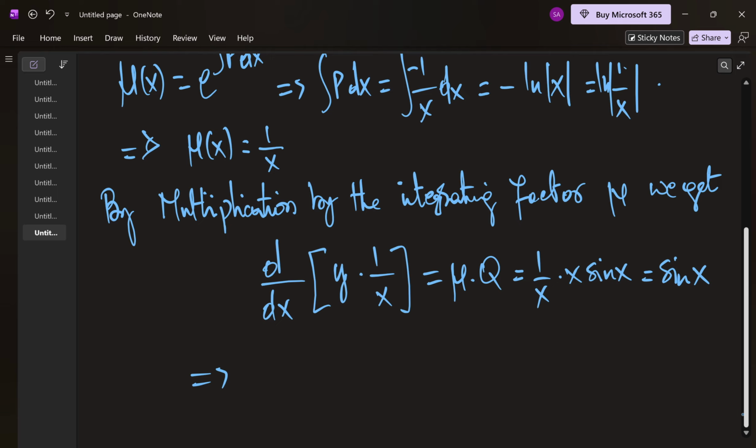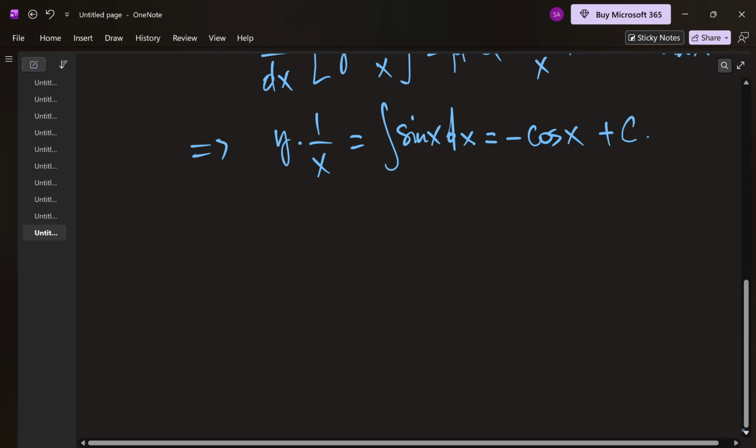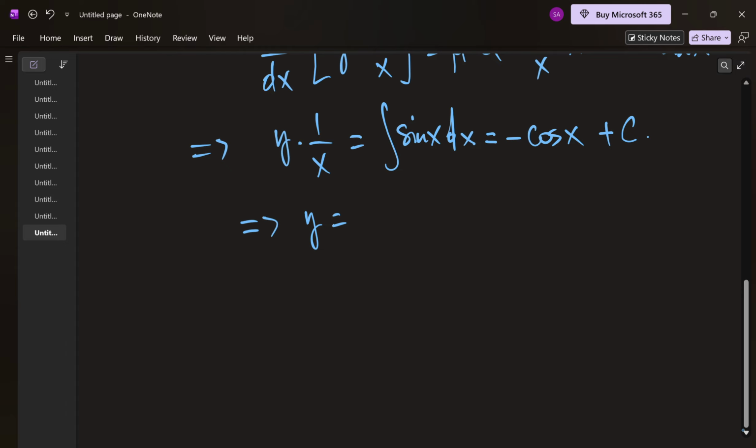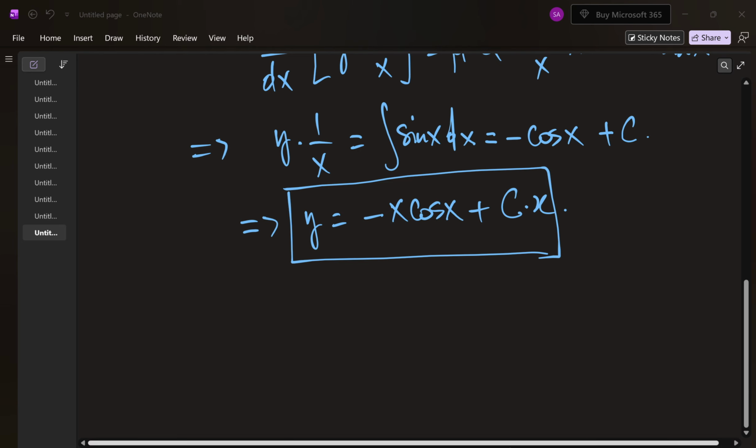When you take the integral, you will have that y times 1 over x is equal to the integral of sine x dx. And what is the integral of sine x? It is minus cosine x plus a constant c. Now you multiply both sides by x, you will get the final answer, minus x cosine x plus c times x. And this is the general solution. Okay?